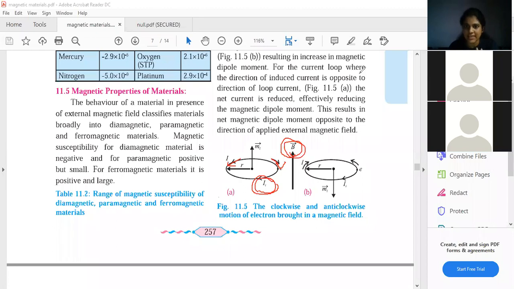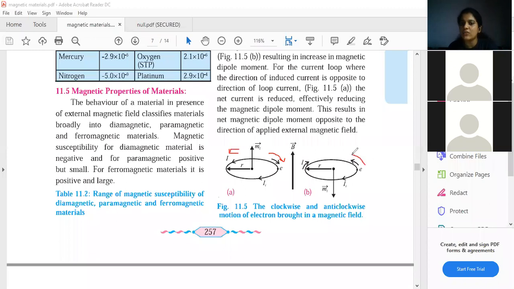Okay, fine, understand this. In the first scenario, the electron is moving in the clockwise direction. In the second scenario, the electron is moving in the anti-clockwise direction. So you can see here, when it is moving clockwise, the current generated because of the electron is in its opposite direction.